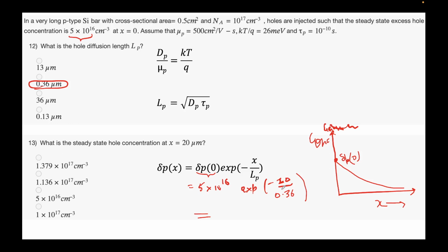Am I missing something? Just hold on a second. So we have to go back to the previous expression that we had.